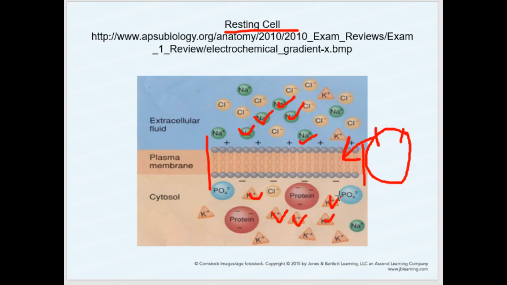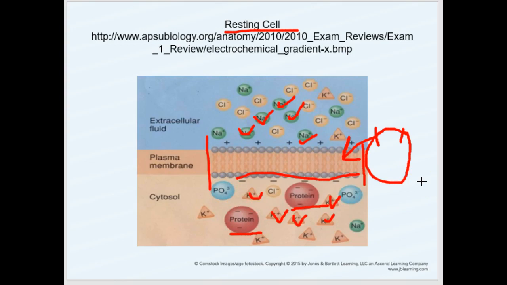Because of the negative ions, you're going to get an overall negative charge on this cell membrane. It doesn't really show it very clearly there, but you'll have fewer positive ions on the inside than on the outside, giving that cell a negative charge of -70.